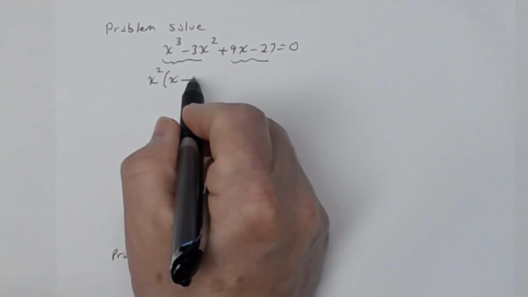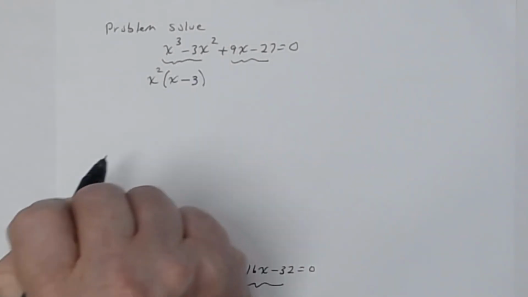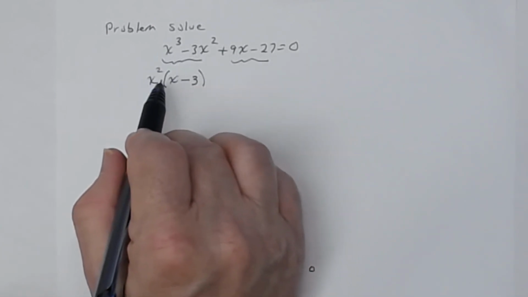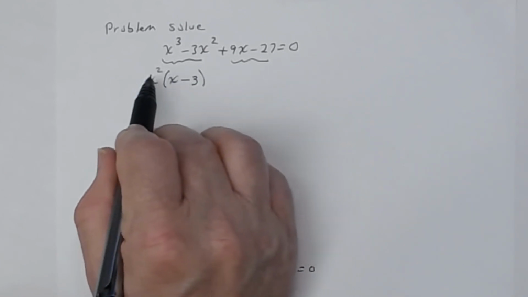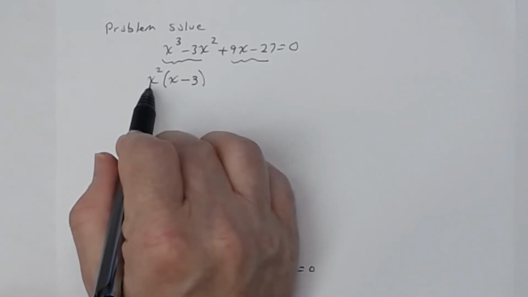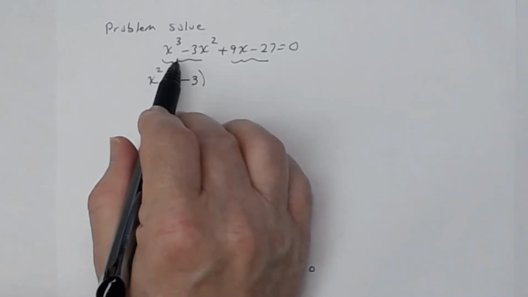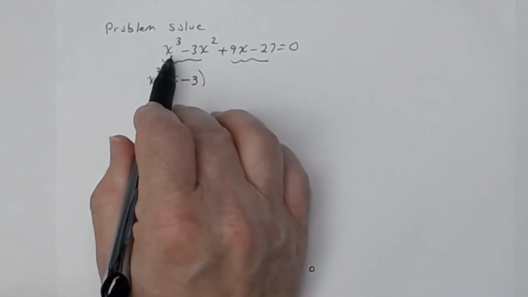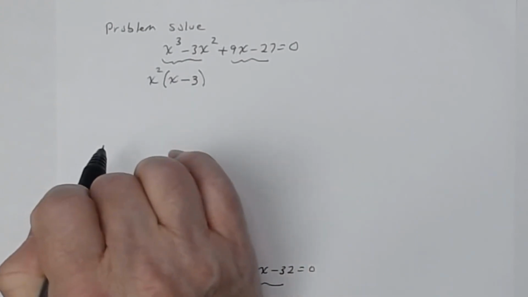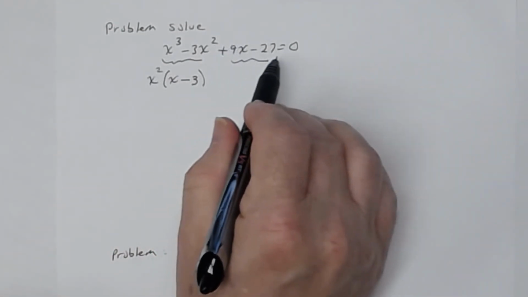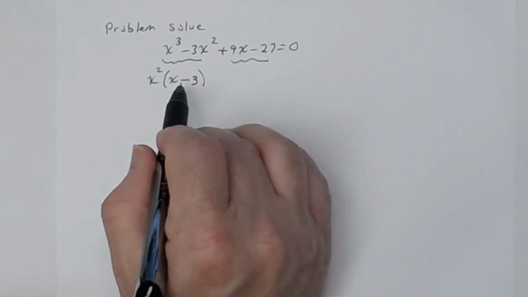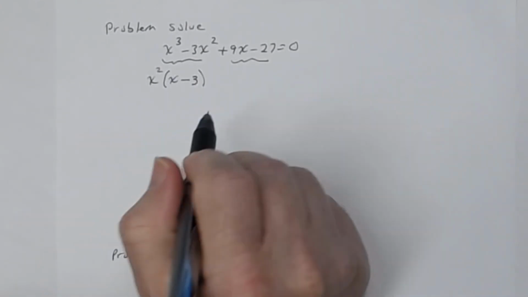That would just be a negative 3. Okay, so notice that this group right here can be written as this set of factors. So the GCF is x squared, and so I can factor this group as x squared times x minus 3. Now hopefully this factor right here will have x minus 3 as a common factor.